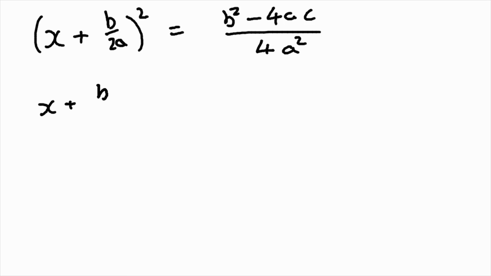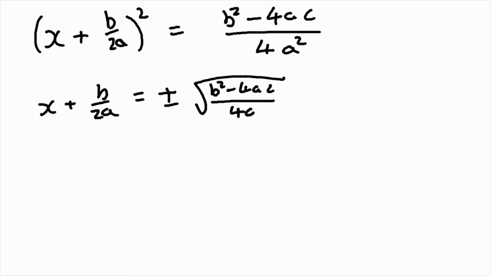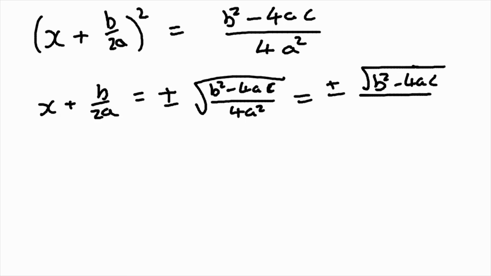So x plus b over 2a equals positive and negative of the square root of b squared minus 4ac all over 4a squared. But we can do the square root of the top and bottom separately. b squared minus 4ac on top, and the square root of 4a squared on the bottom.